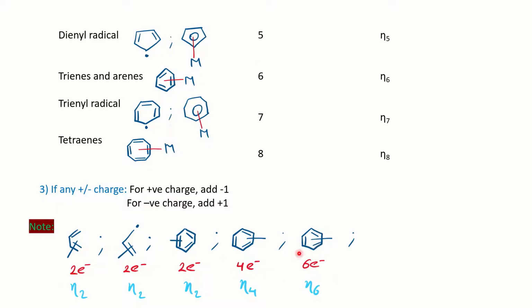From the center, all 6 pi electrons are donated, so the hapticity is eta 6. And the fourth case is if the metal is bonded to only one carbon of this arene system, which means the contribution is only 1 electron, and so the hapticity will be eta 1. So don't get confused; be careful when looking at hydrocarbon ligands to see how many electrons are donated.